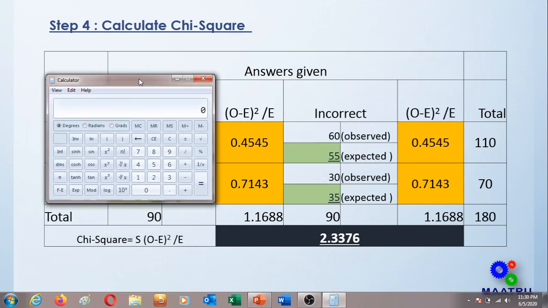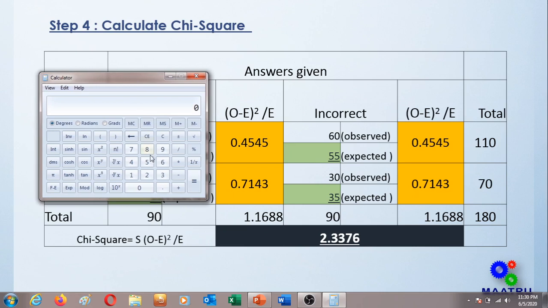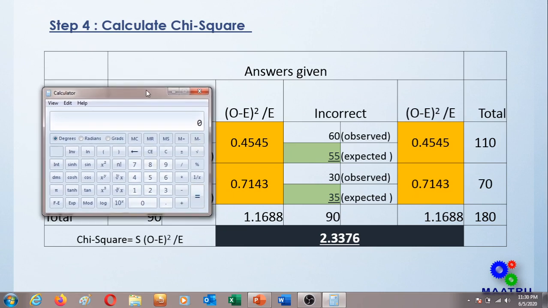And we total all to get the chi-square number. We need to add all the individual numbers.